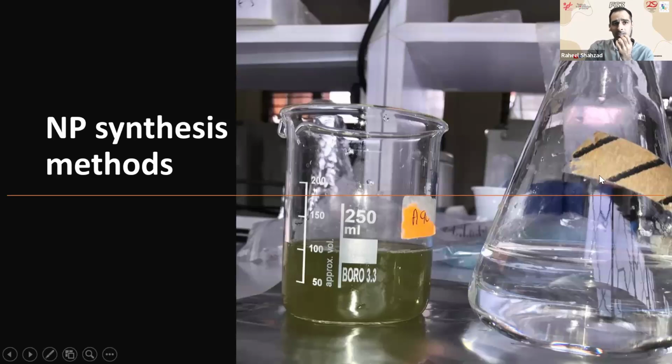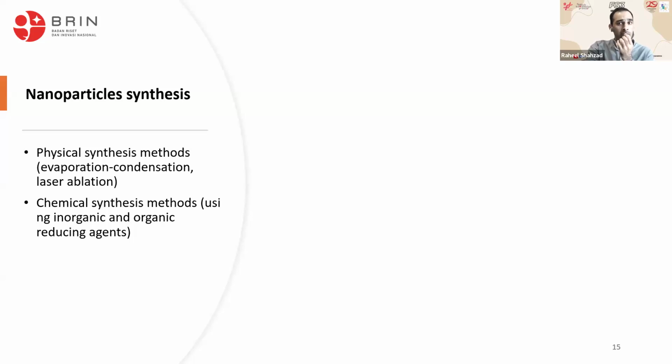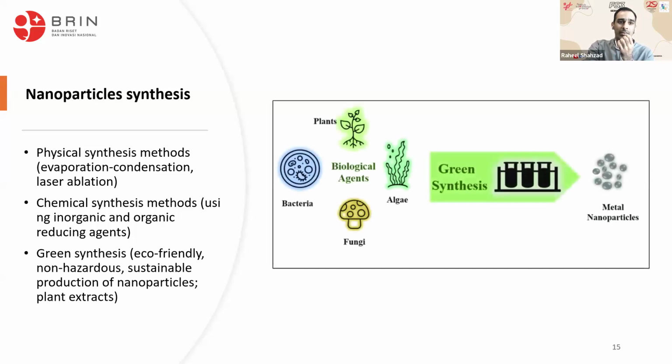If we talk shortly about the methods for NP synthesis, we have physical methods and we have chemical synthesis methods. Green synthesis is actually derived from chemical synthesis, but we can categorize it as a separate category, because in this method we use natural materials from plants or bacteria or algae or fungi.